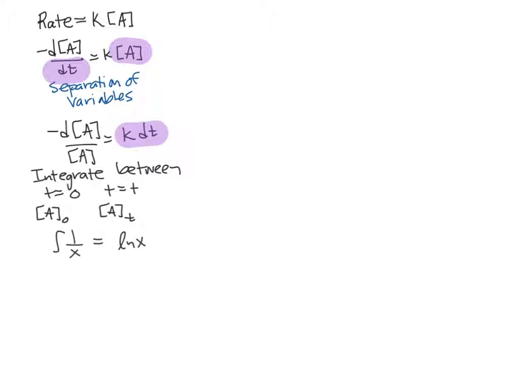For us in chemistry land, that's going to make my situation look like integrating 1 over the concentration of A dA between the initial concentration to the concentration at time t equal to negative k dt.